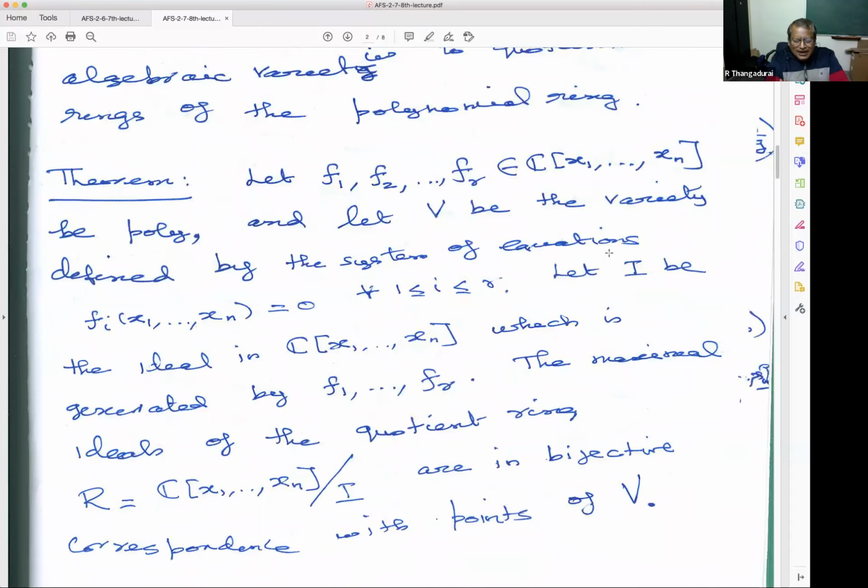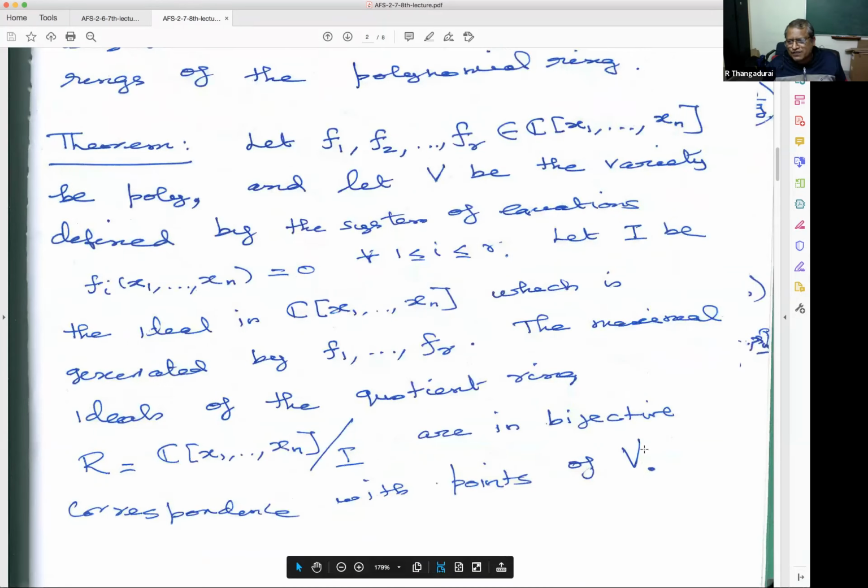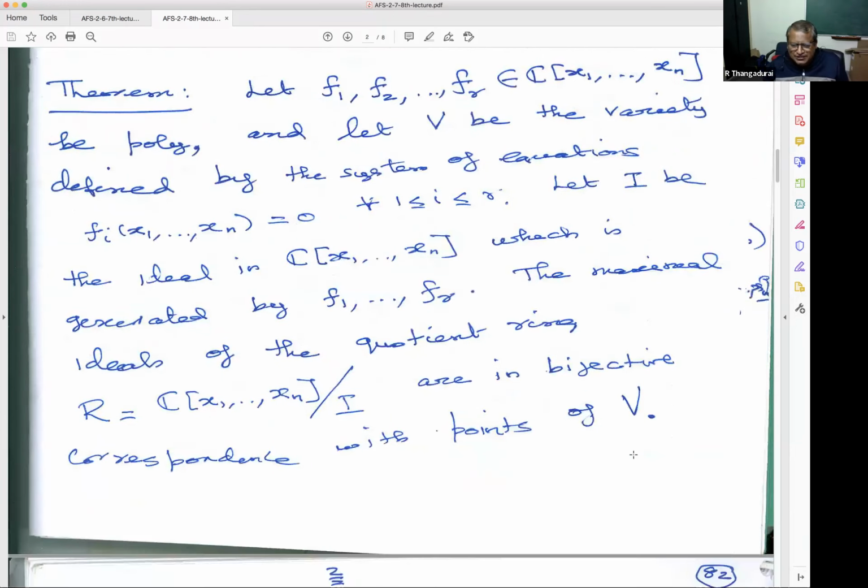Let I be the ideal generated by F1, F2, F3, ..., Fr in the polynomial ring C[x1, x2, ..., xn]. Then the maximal ideals of the quotient ring are in bijective correspondence with points of V. This is very natural, and the proof is also straightforward.